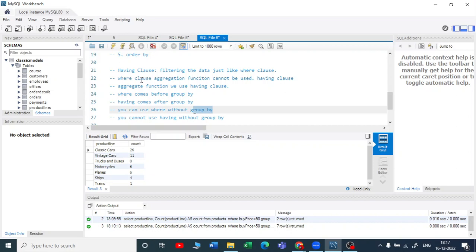Both are used for the filtering only, but having is used more after the group by. I mean, the having clause is used after the data is grouped and you are filtering on that data. That is a basic difference between the having and where clause.